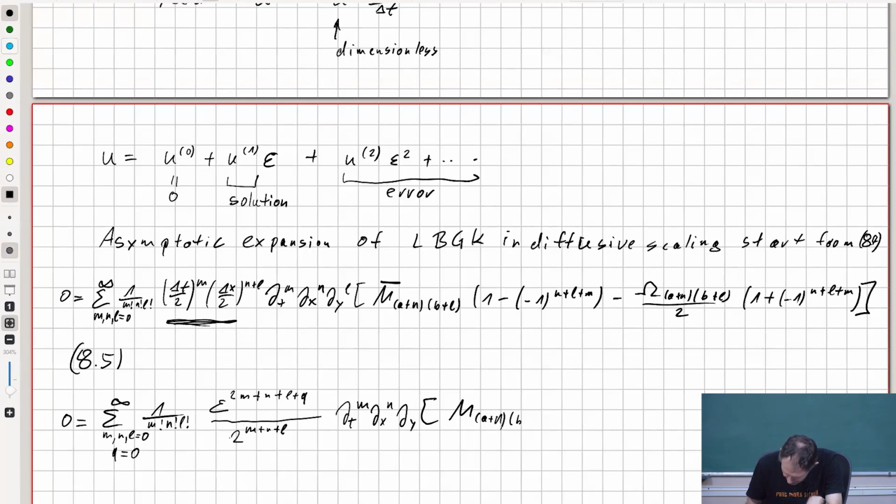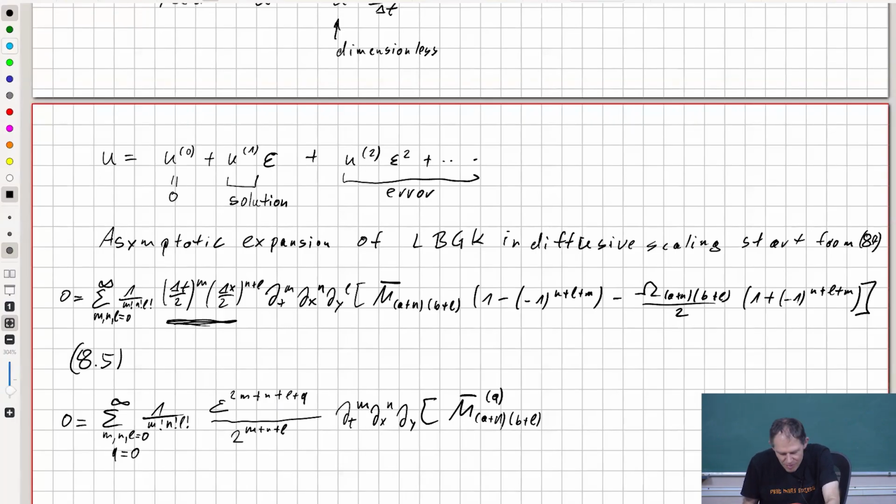A plus n and b plus L. So this is over bar, and now this is the Q. This is order Q. So this is why we have to multiply with epsilon to the order Q, epsilon to the Q times m order Q, right? And we sum over all of them.